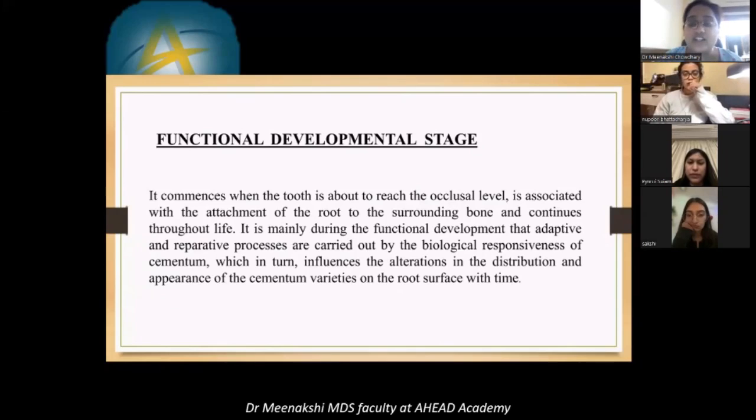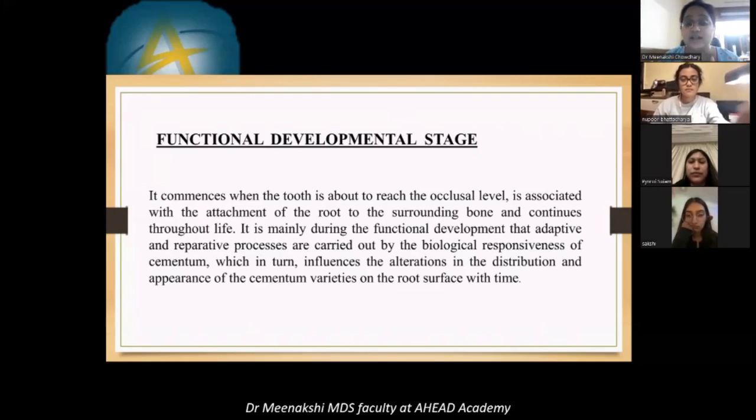So during the functional development, doctors, what is happening? There is adaptation for the force that is applied. For example, if force is applied more towards the mesial surface, on the distal aspects more cementum will be there. That is biological responsiveness, influencing the alteration in distribution of the cementum along the root surface at the particular place where force was more.